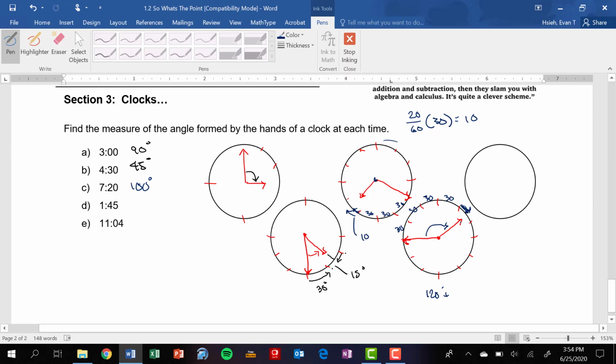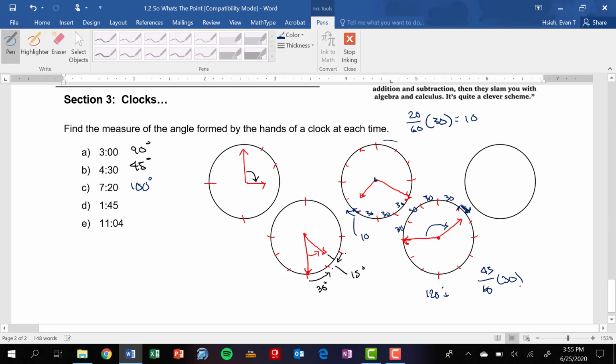Of the fraction of the way from the 1 to the 2 here. And that same fraction is going to be the same fraction as 45 divided by 60, or the same fraction of the way that the big hand is making its way around the entire clock.